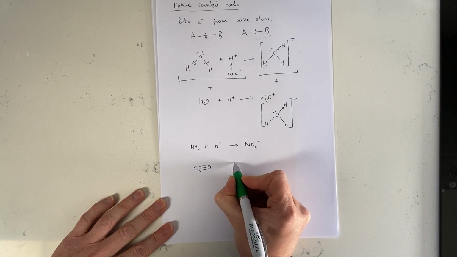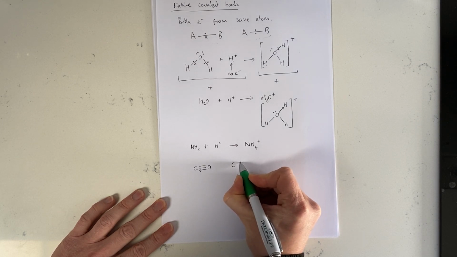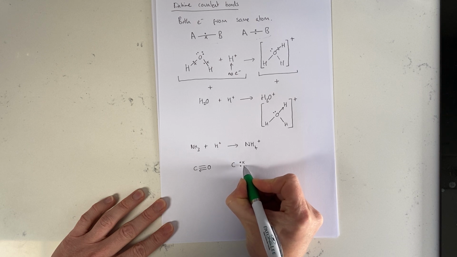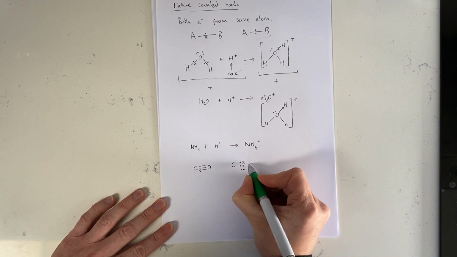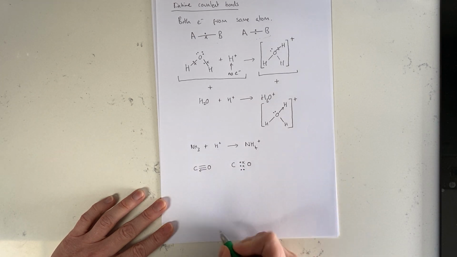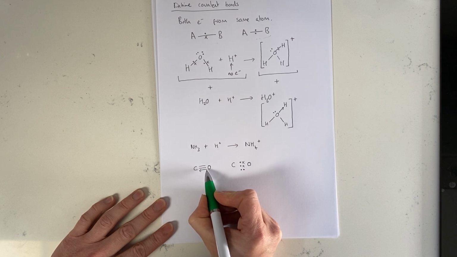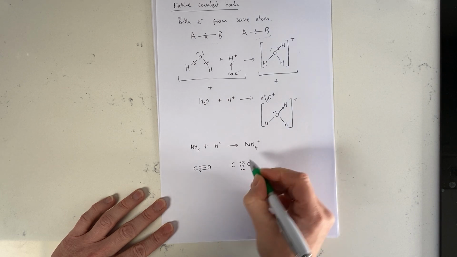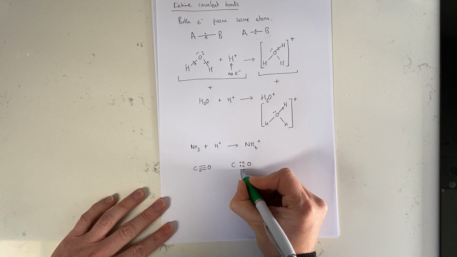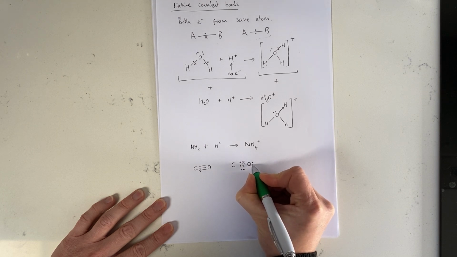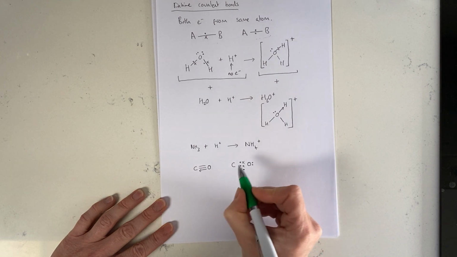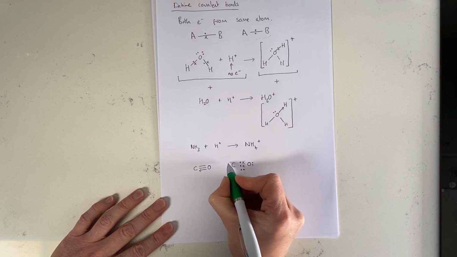So if I were to fill in my dots and crosses, the normal lines are just one dot and a cross, but the arrow is two of the same type of electrons, so two dots, and I know because my arrow starts at the oxygen that these electrons come from the oxygen. So 1, 2, 3, 4, 5, 6, and if I check my carbon, it's in group 4, so 1, 2, 3, 4.